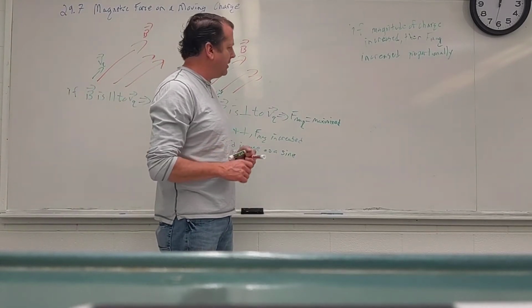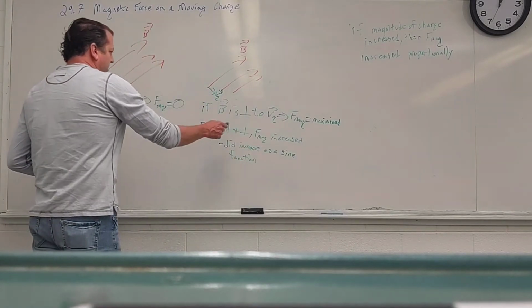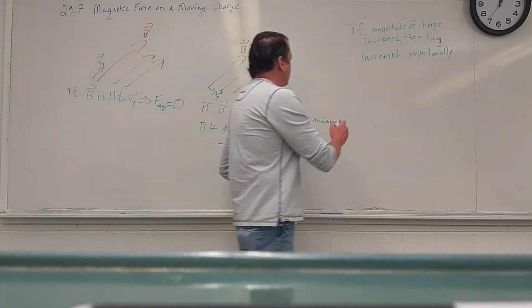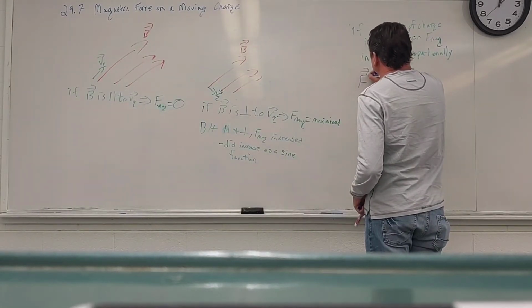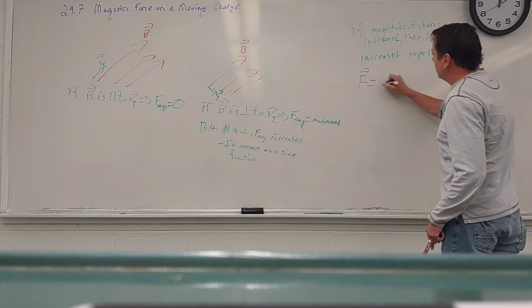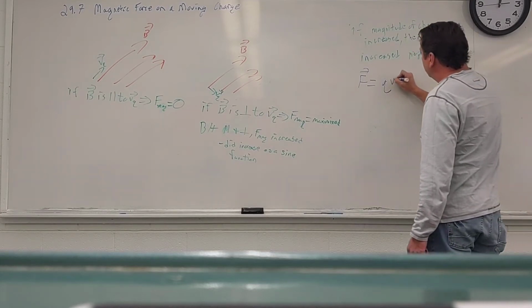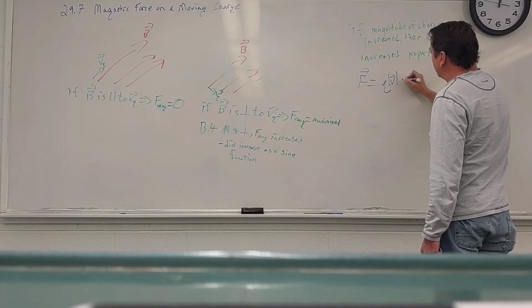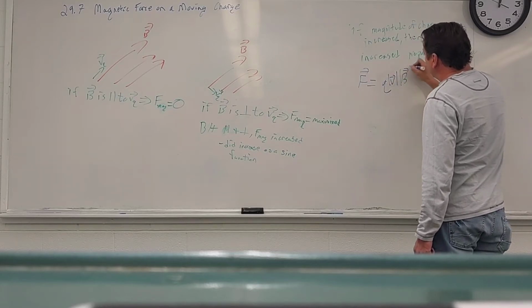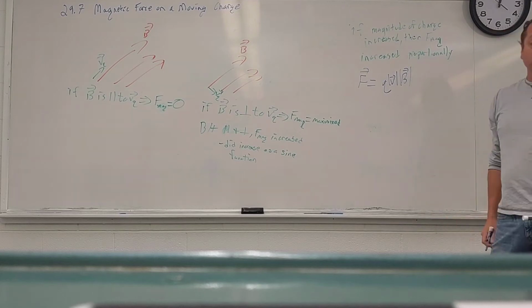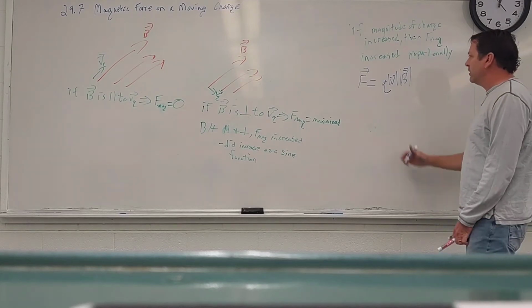Well, from all of that, we've got a sine function here. You could say that then Q, the amount of charge, the magnitude of the velocity of the charge, and the B field all matter. Of course, if the B field is twice as strong, twice as much magnetic force.